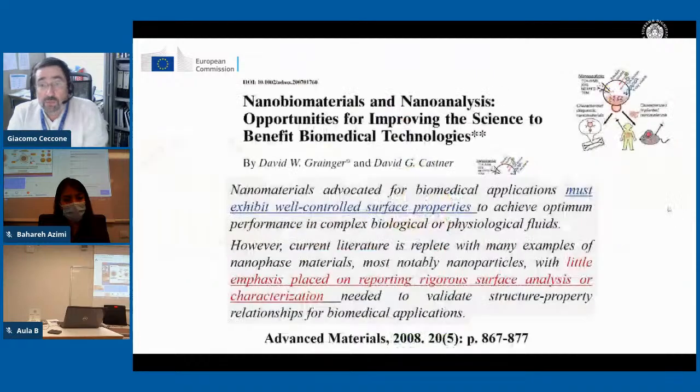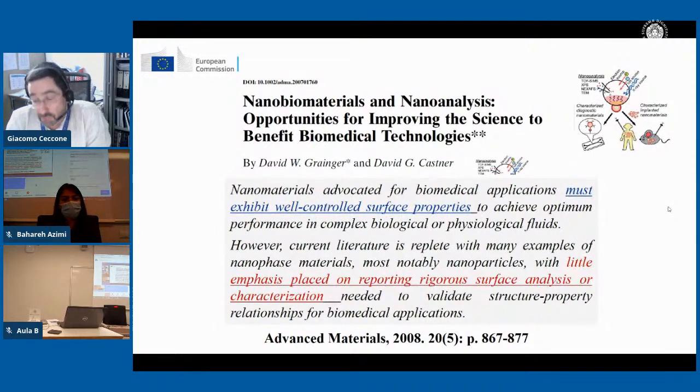So why are nanomaterials and surface analysis meeting, or where? Well, they are meeting because most of the nanoparticles intended for use in nanomedicine or in medicine in general, even if used in medical devices, are not bare nanoparticles, but are functionalized with some chemistry, mostly covalently, but also electrostatically.